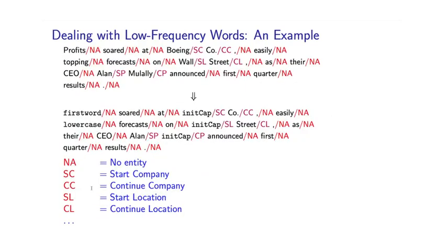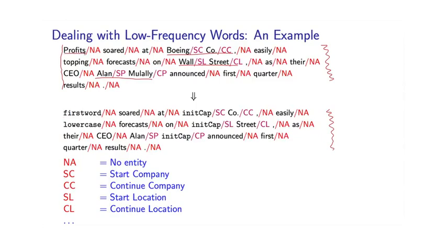So let's continue this example, and let's come back to the original form of our training data. Again, I'm looking at the named entity problem here, and assume this is a training example where somebody has actually annotated the different entities. So before the transformation, the data looks like this. But here's what the data looks like after the transformation. There are a number of low-frequency words here which have been mapped to these pseudo-words, these words in a small set of categories that preserve spelling features about the words.